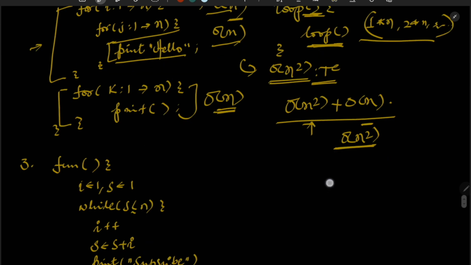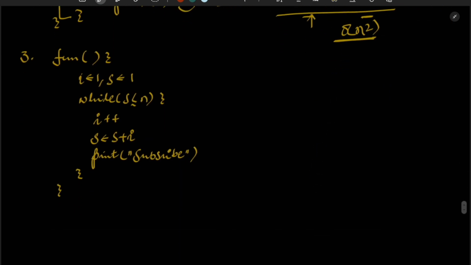So now let's move to the next question, which is this one. In this we have a function called fun, and then we have two values, i and s, both 1 to begin with, and then there is a while loop. What this while loop does is it will keep running as long as s is less than or equal to n, and inside the loop i is incremented by 1 every time, and s is incremented by the i value, right?